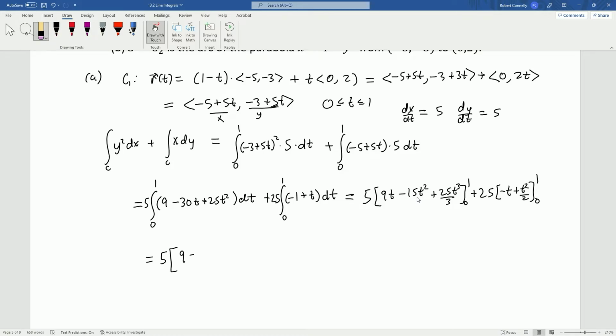I had already divided by 2 when I integrated to t squared, so I had 15, and then I wrote the 2 again for some reason. So let's fix that. That should just be minus 15 times 1.